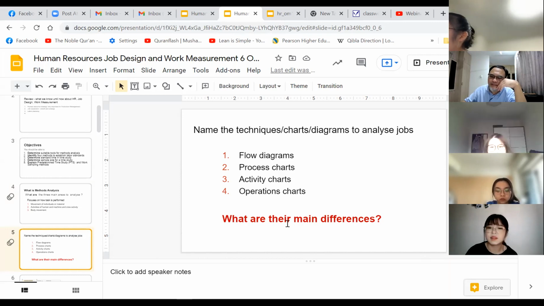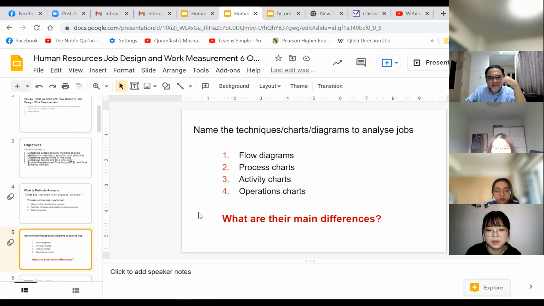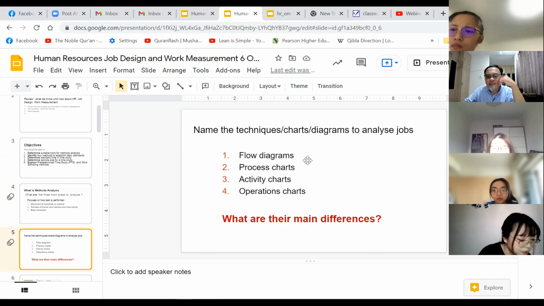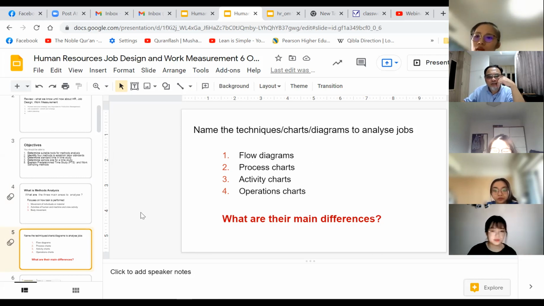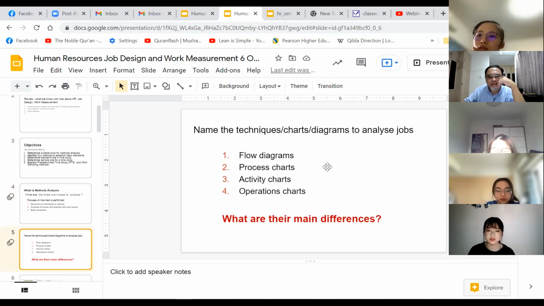If I want to analyze movement of individuals, which chart can I use? Which chart should I use if I want to analyze the movement of individuals and materials?